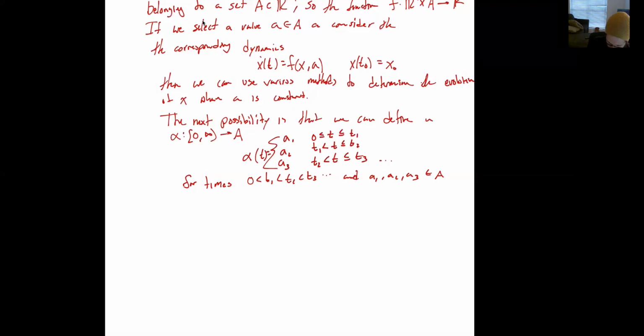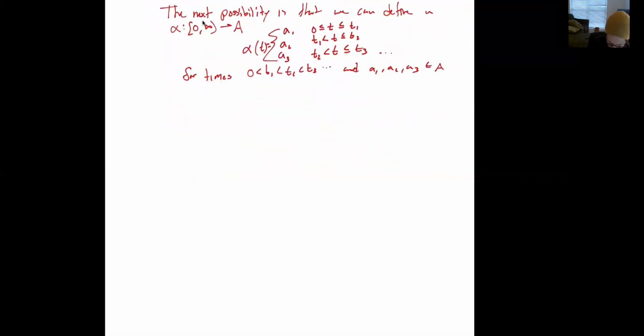Okay, so then we get the dynamics equation. The dynamic equation x dot is equal to f of x and alpha, right? Makes sense. At the initial condition equal to x naught.